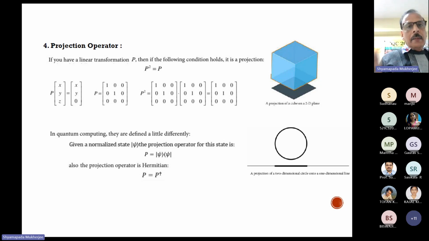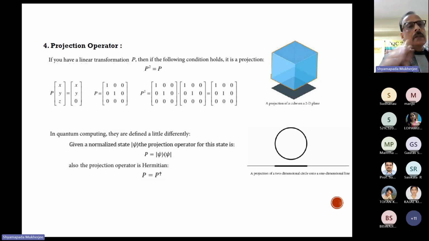So that is why the projection operator satisfies P square is equal to P. There is no further change. Similarly, for example, a circle: if you project light from the upside, what will you get? You will get a line. But when you put the light on the line, again you will get the same line. So this type of operator geometrically is called projective geometry. Something is operating on the cube and you are getting a new thing, and that is why it is called an operator.